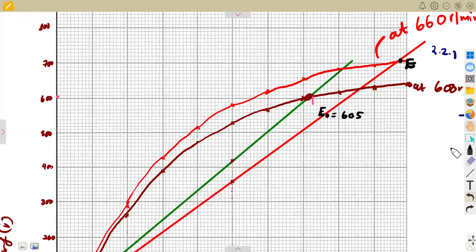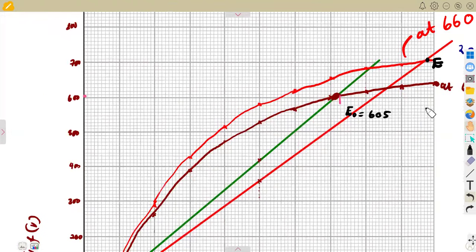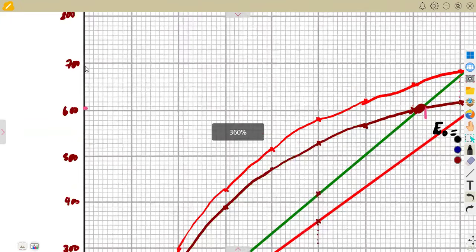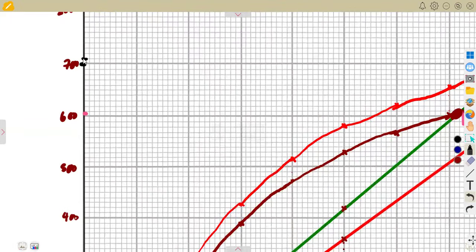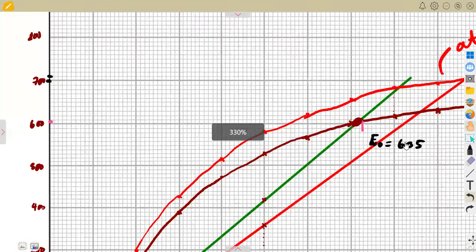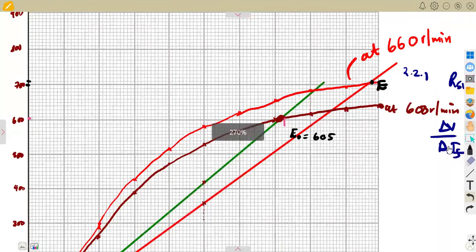You're supposed to note what is the voltage at this point, which is in between these two boxes, between 700 and 710. So that is approximately 705 volts. At 705 volts.